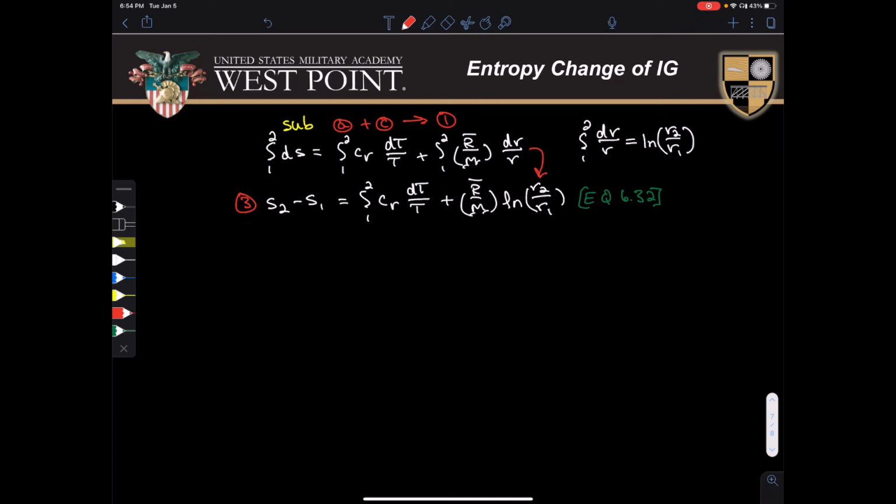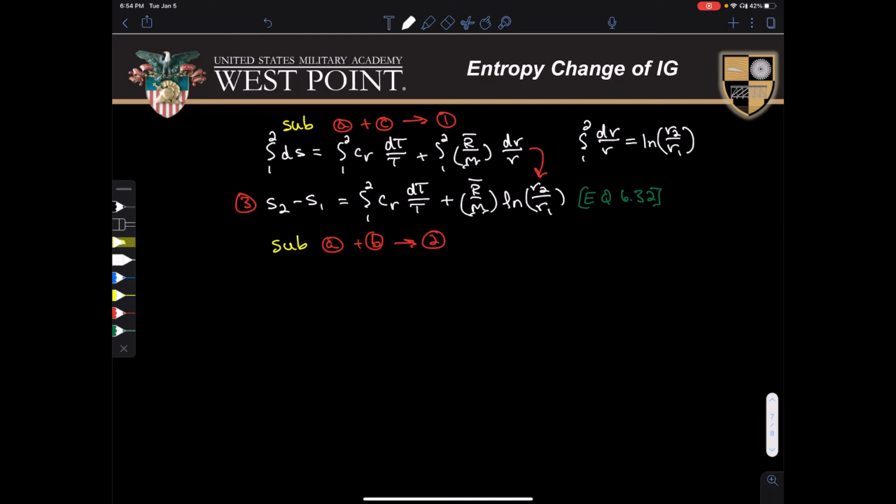Now I will be substituting equation A and B into equation 2 in this case. So let's do that. Remember that is our Gibbs equation number 2 from our previous slide.